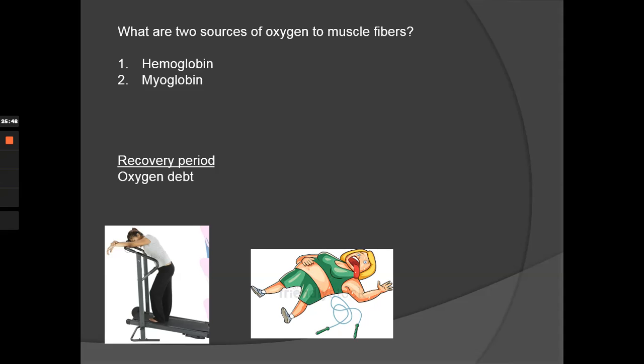Number 3, we are replacing the oxygen stores bound to myoglobin. So kind of resetting, redelivering that oxygen to the muscle fibers, and reloading that myoglobin for the next time that we're going to exercise.